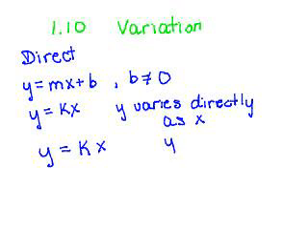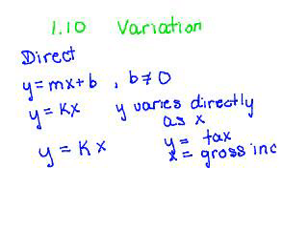So y is the state tax in Pennsylvania, x is the gross income. All right. Well, let's say that your income tax deduction is maybe $46.05 when you have a gross monthly income of $1,500.